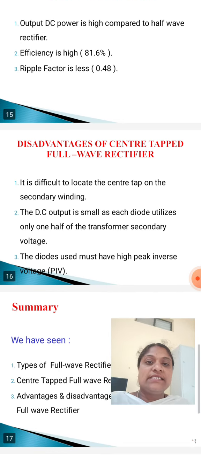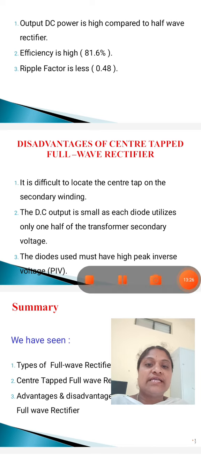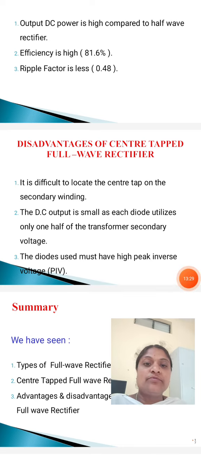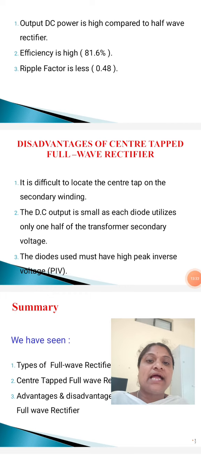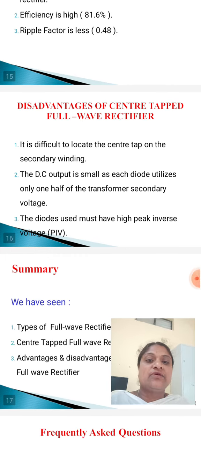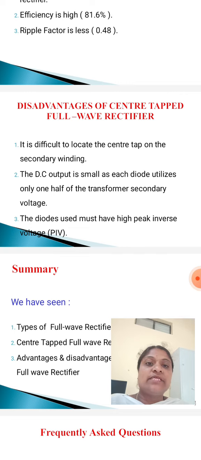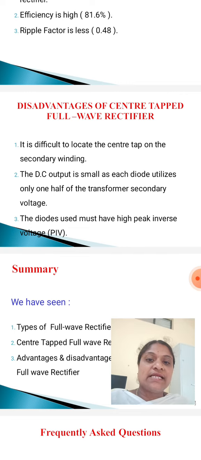The second disadvantage is that the DC output is small, as each diode utilizes only one half of the transformer secondary voltage.